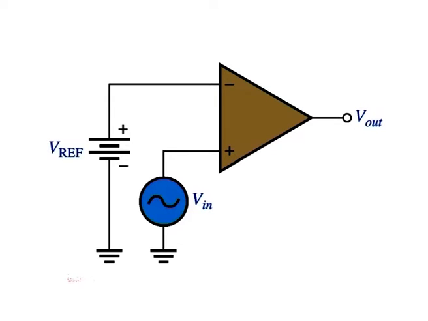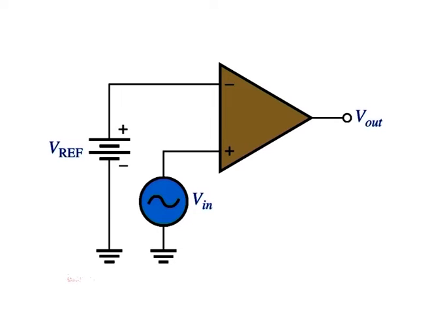Non-zero level detection. The zero level detector shown earlier can be modified to detect positive and negative voltages by connecting a fixed reference voltage source to the inverting input as shown in figure.